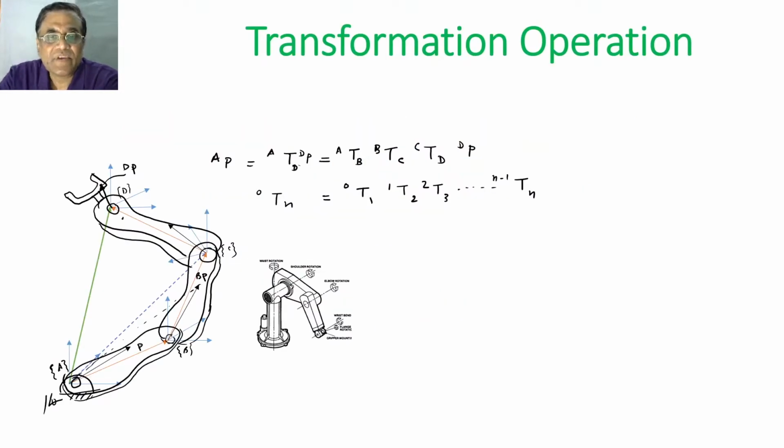First of all, let us try to understand why at all we have a homogeneous coordinate transformation matrix, and we have also transformation operation.